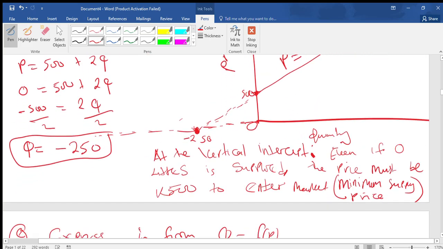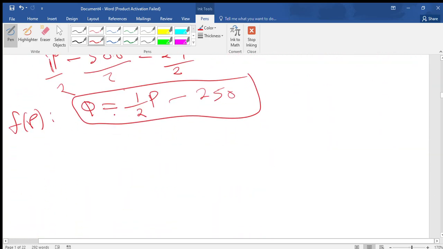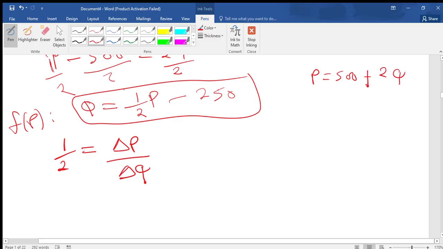From the supply function given here, the slope is 1 over 2. This 1 over 2 is change in Q over change in P. Remember, if it was in the function P equals 500 plus 2Q, the slope here is positive 2, which is change in P over change in Q. Know the difference.